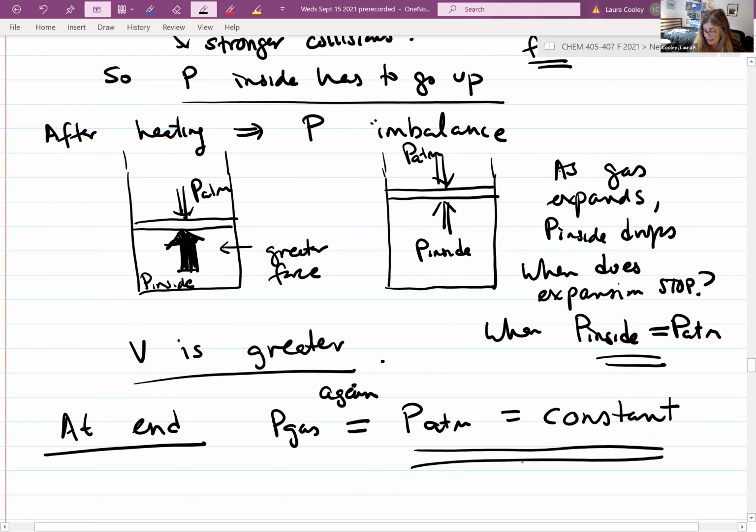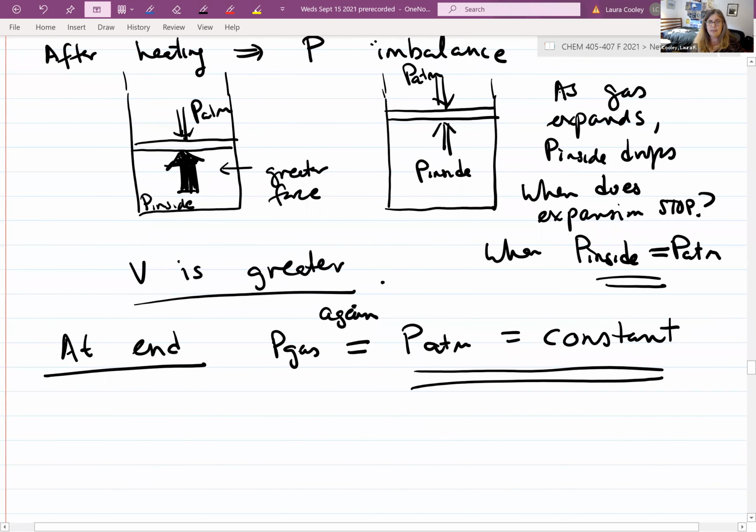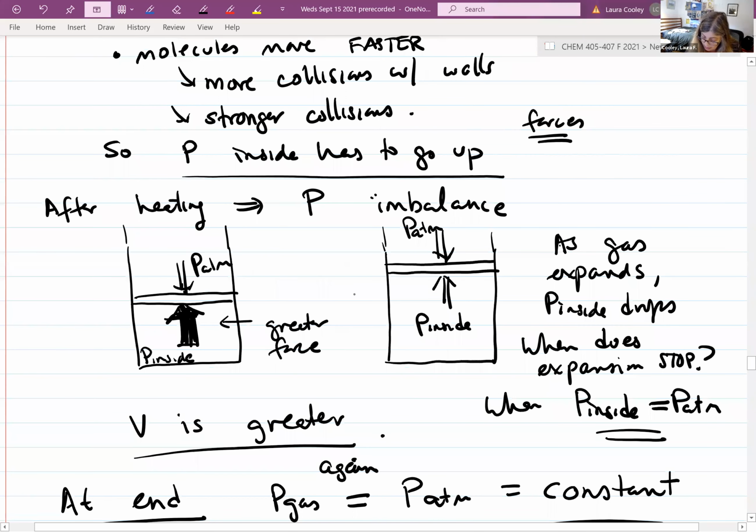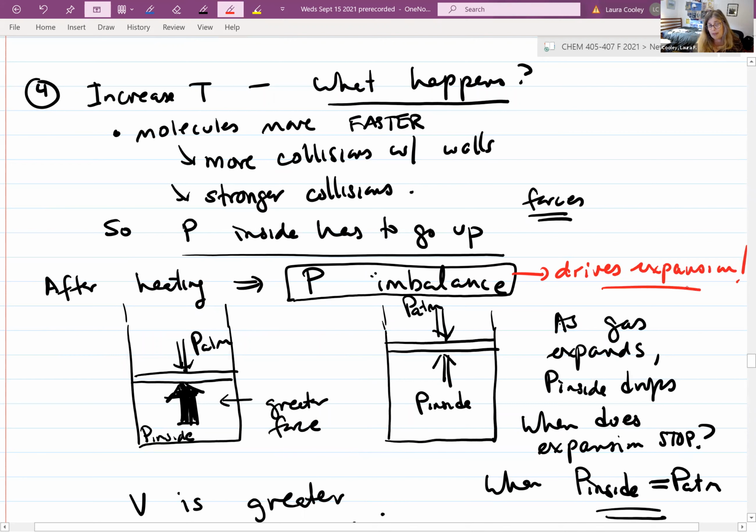So it is against a constant atmospheric pressure, but understand that the pressure of the gas is not constant throughout this process. What actually drives the expansion is that pressure imbalance. So it's the pressure imbalance that drives the expansion. If you didn't have that pressure imbalance, this gas would not expand.